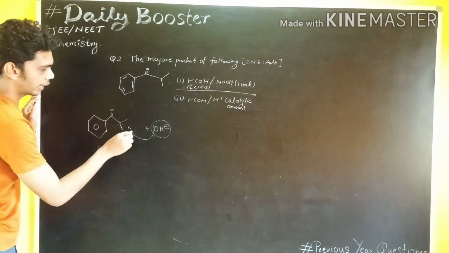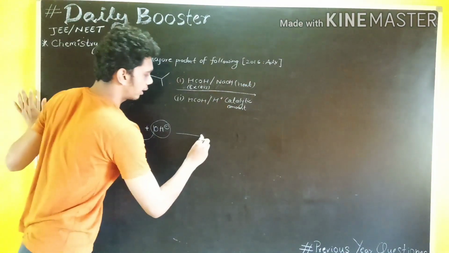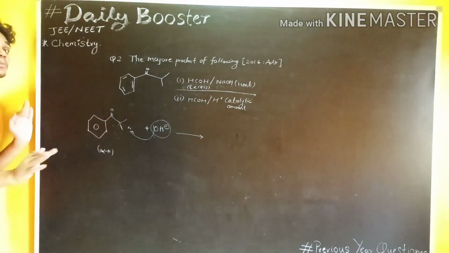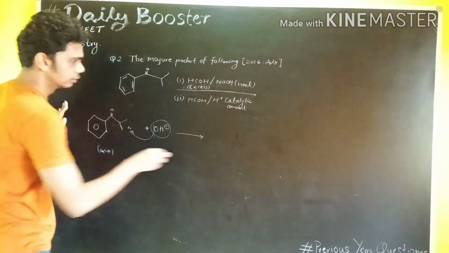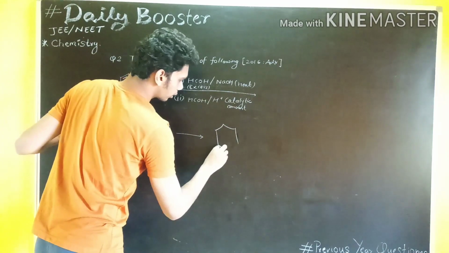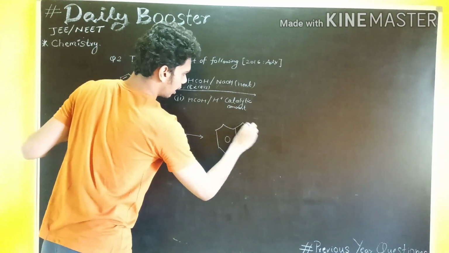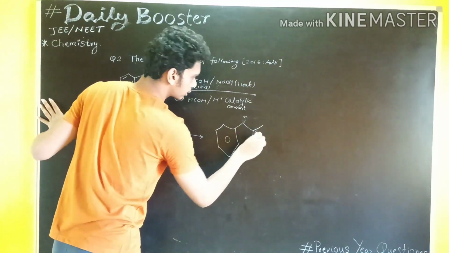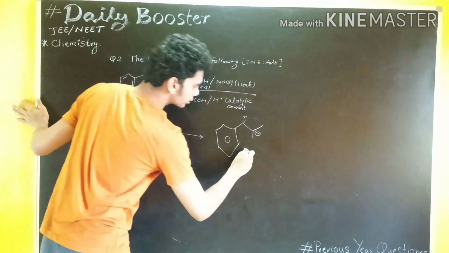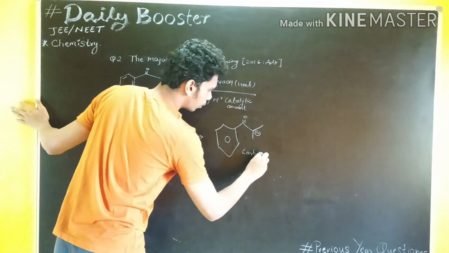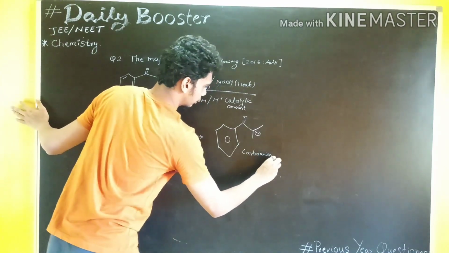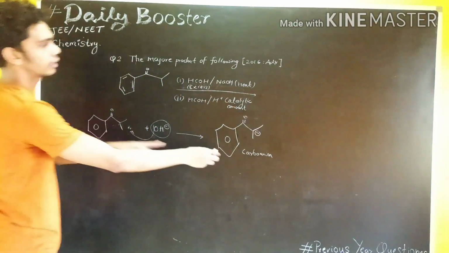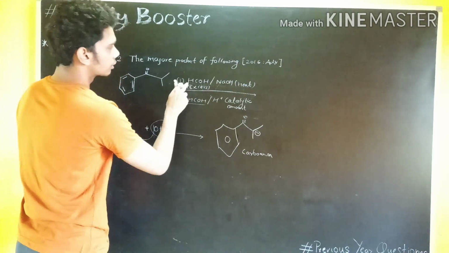This OH minus attacks this hydrogen, so there is formation of a carbanion. Let's see how it is. This is your structure having the carbonyl group here, that is the ketone, and the minus charge is here. This structure is called a carbanion. Now there is a carbanion, and here it is mentioned that this is in excess.